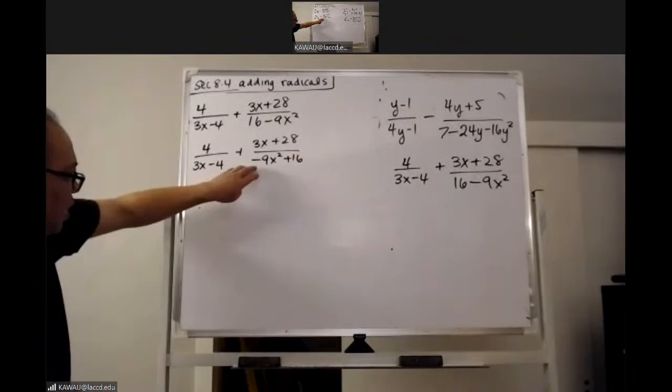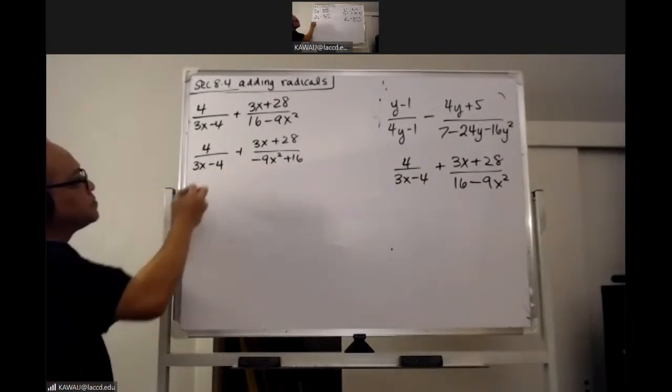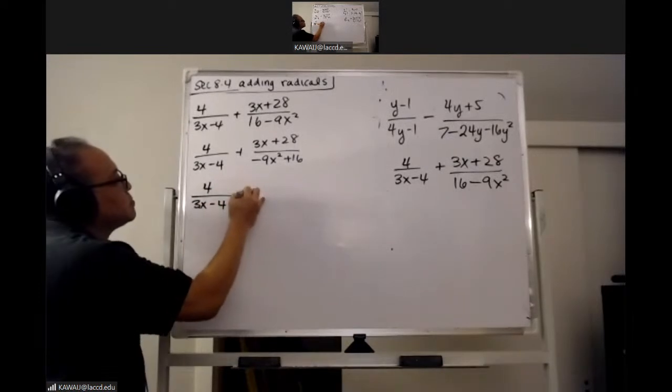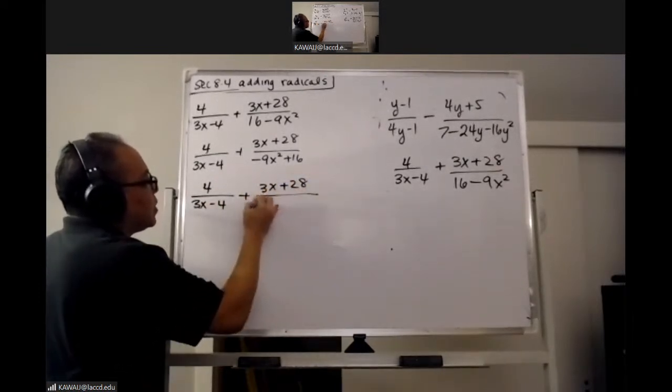And then I want to pull out a negative 1 GCF because when I factor this, I want this to be positive. So I'm going to pull out a 1.